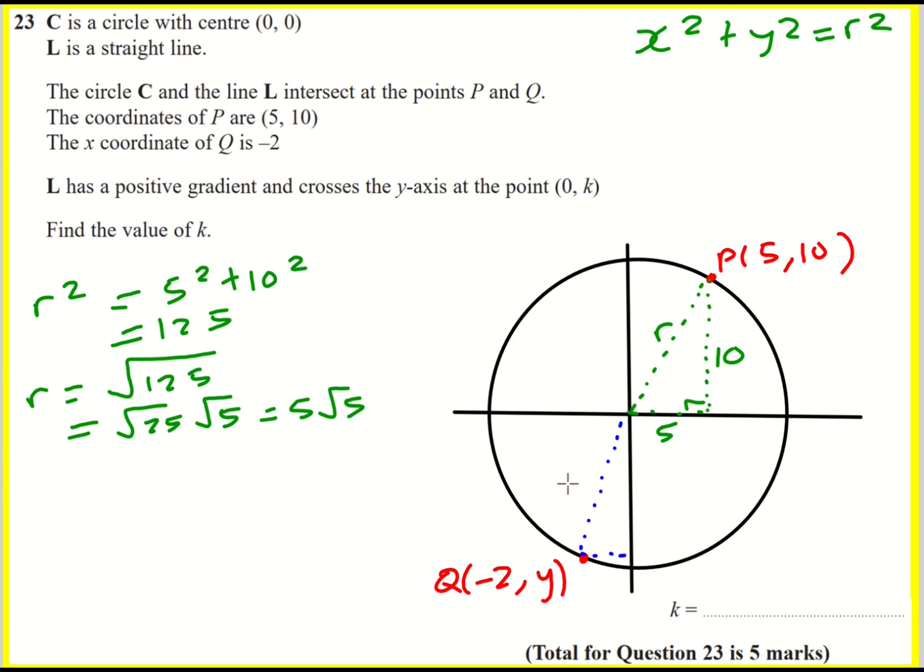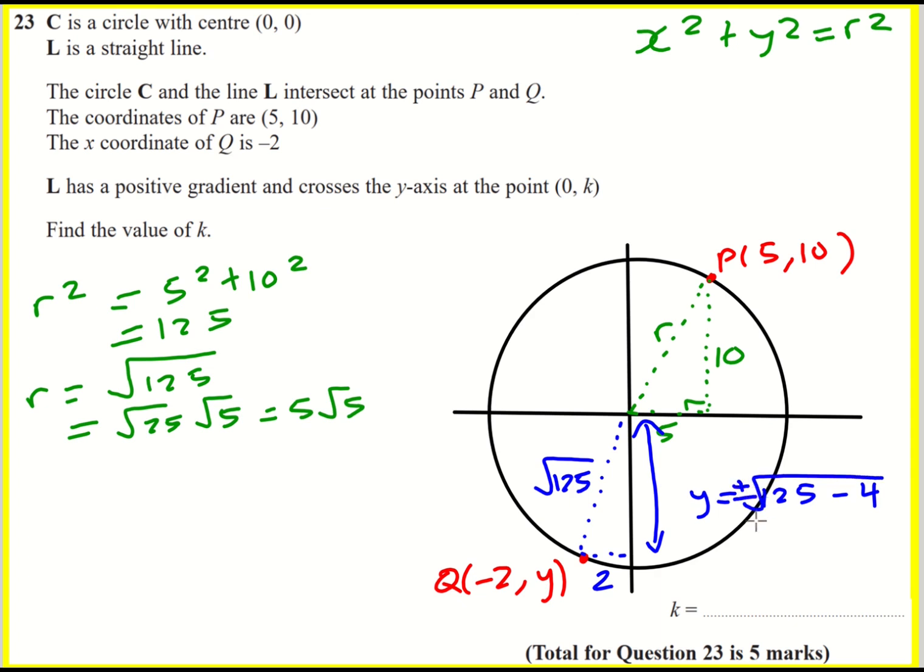But this time I know the radius is root 125. Let me write it like that rather than 5 root 5. And then this length is going to be 2, so I can work out the y value. Y is going to equal, this time, root of 125, which is the radius squared, minus 2 squared, which is 4, square rooted.